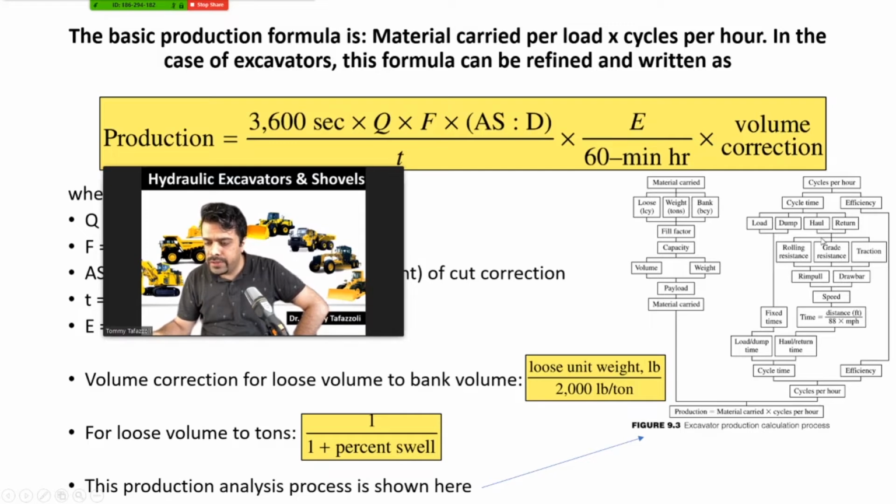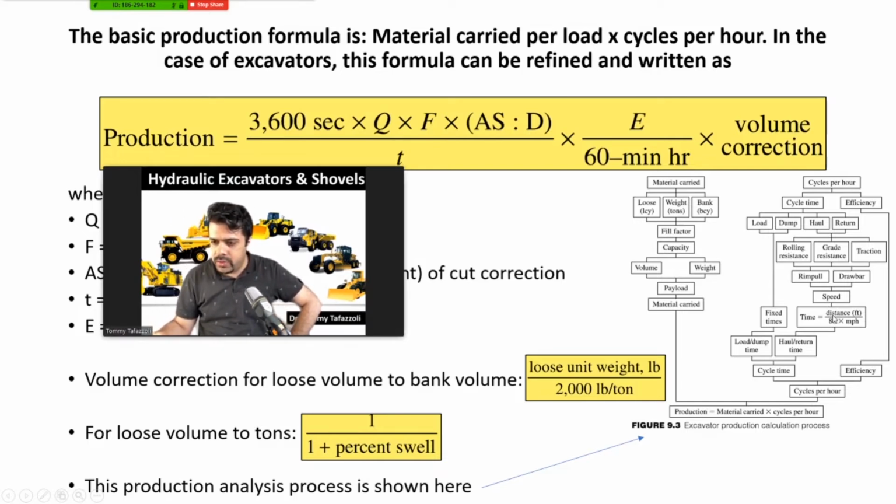The haul and return themselves depend on the traction, grade resistance, and rolling resistance. Then these will identify our rim pull and drawbar pull, and those will identify our speed, and speed identifies the time.